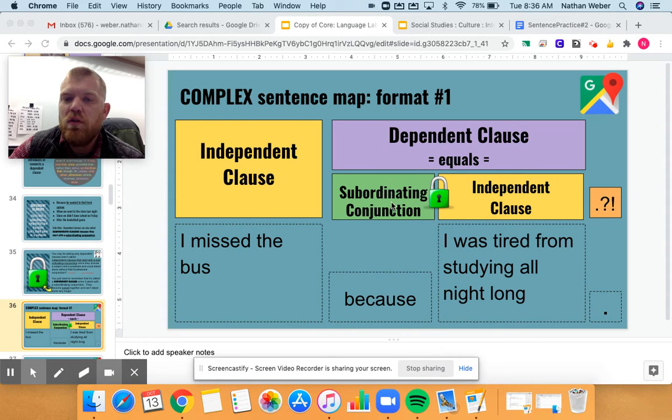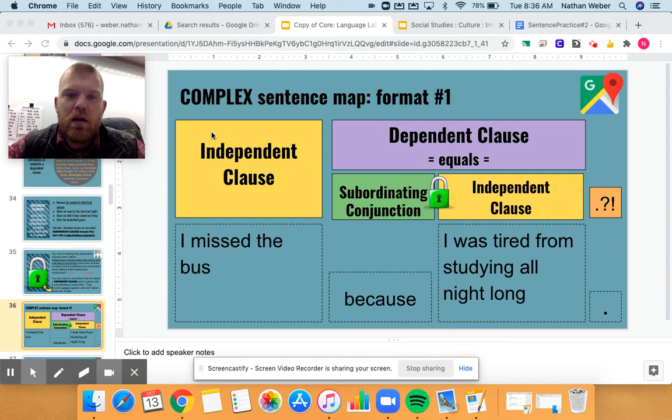But when you lock together a subordinating conjunction and an independent clause, a dependent clause equals a subordinating conjunction. A dependent clause has a subordinating conjunction, and then I was tired from studying all night long. Adding these two together makes it an independent clause, okay?